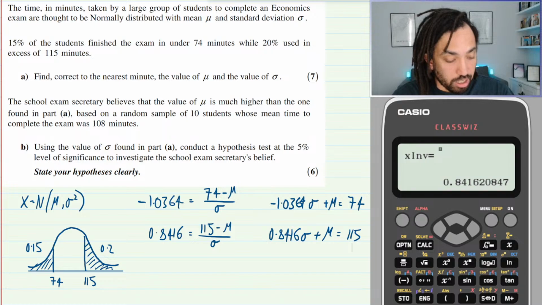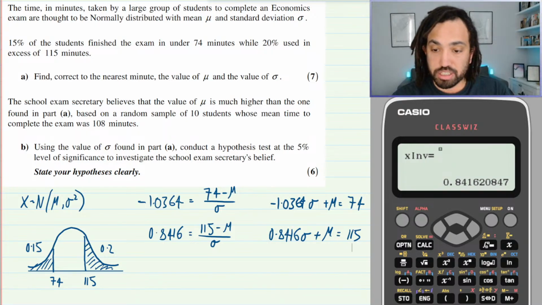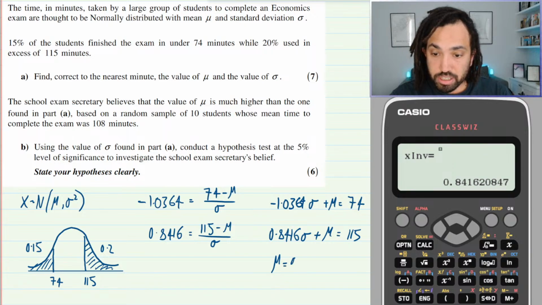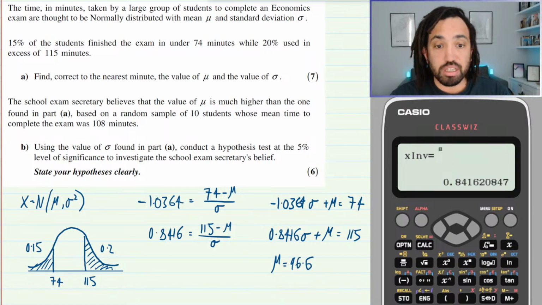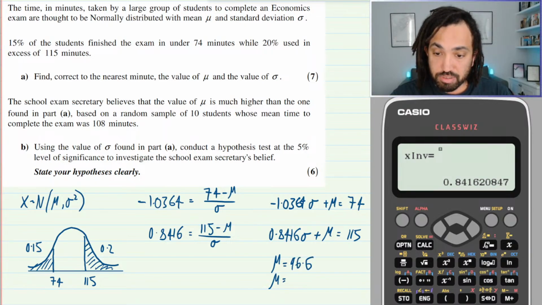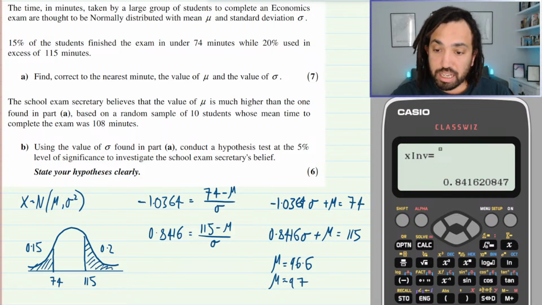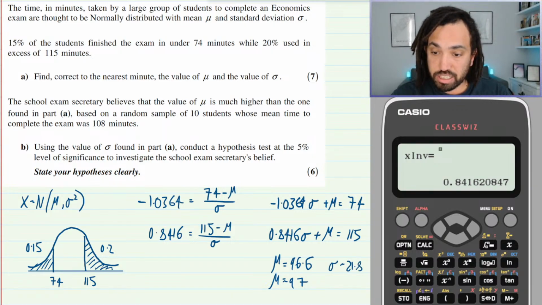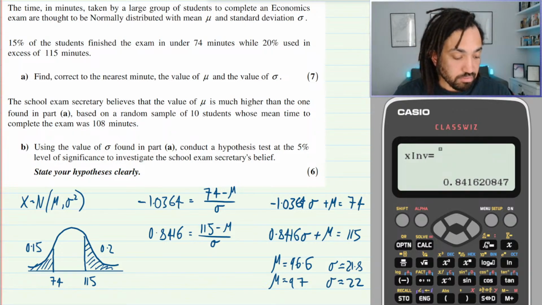I'm not going to waste your time solving simultaneous equations literally the night before your final A-level. So when you do it, you get this, and it does say to the nearest minute, so let's round that up to 97. And when you do that, you get 21.8, and then let's round that up to the nearest minute, 22.